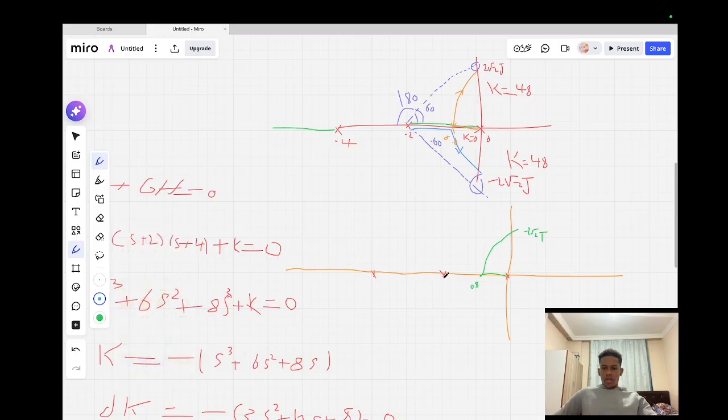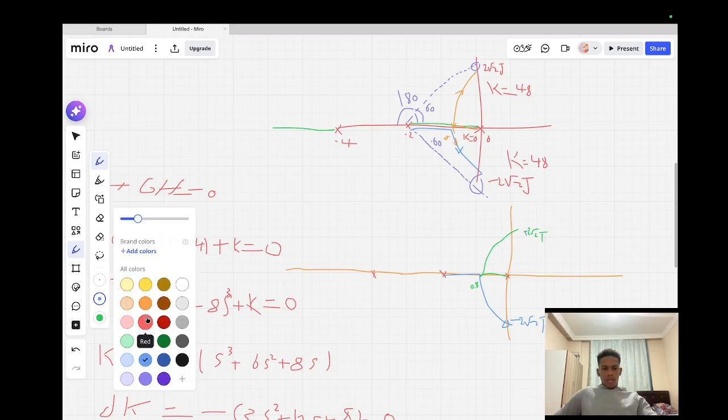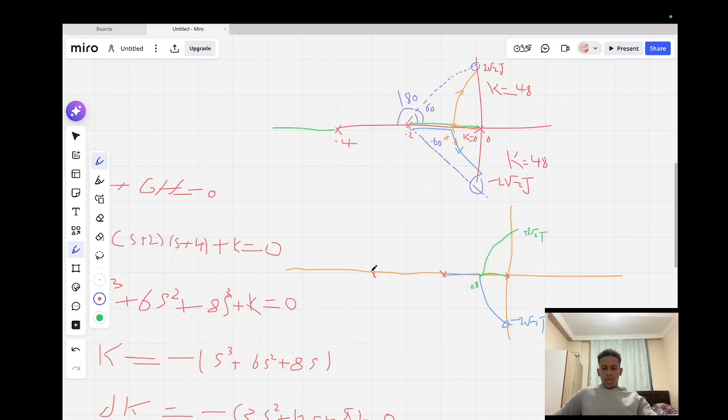And the second one, here by positive, and here negative. And here we have the third one to infinity.